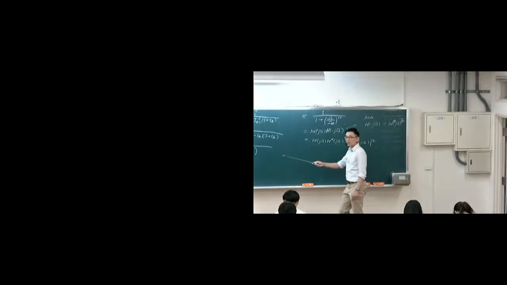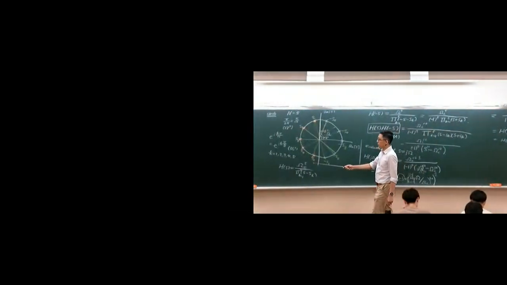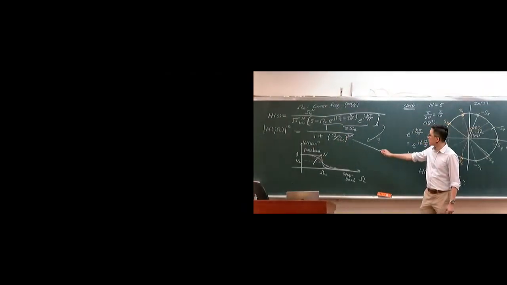And that's exactly the expression we were drawing down here: 1 plus omega divided by the corner frequency, entire thing to the 2n power. A monotonically, beautifully decreasing low-pass filter response is what we get. Then, of course, as an exercise, now you can generalize.